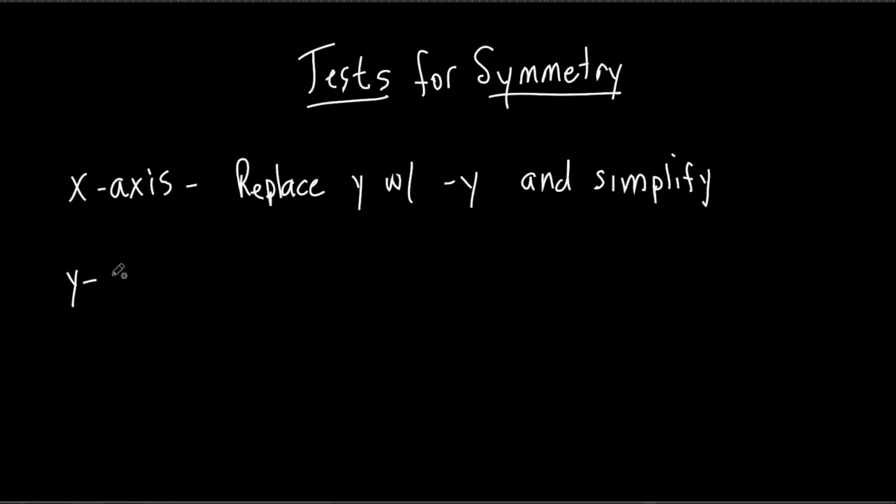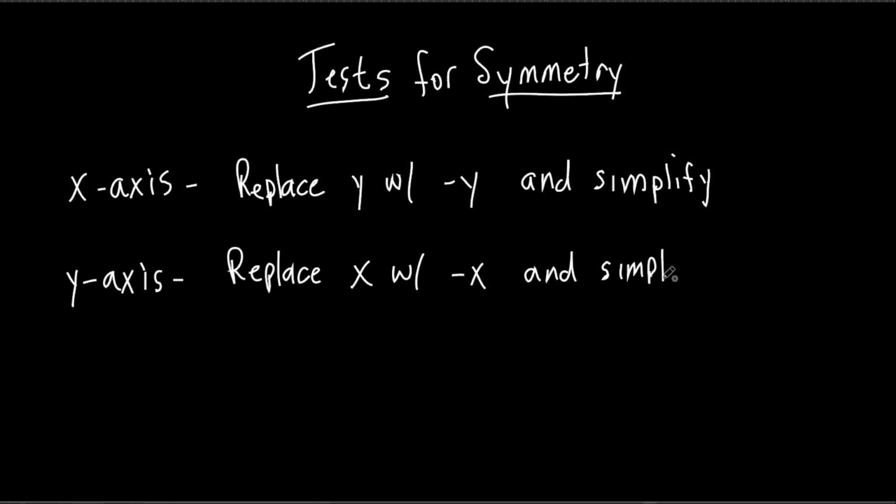So the rest should be pretty easy now. What are we going to do? What are we going to replace if we want to test if it's symmetric to the y-axis? We're going to replace the x with, that w and slash means with, a negative x. And we're going to simplify it.